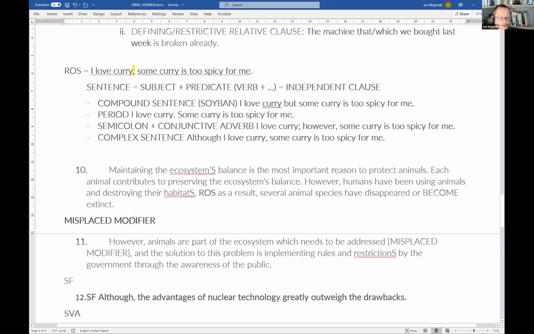What is a modifier in grammar? Just the word modifier. It's a very general word in grammar. Do you know what it means?